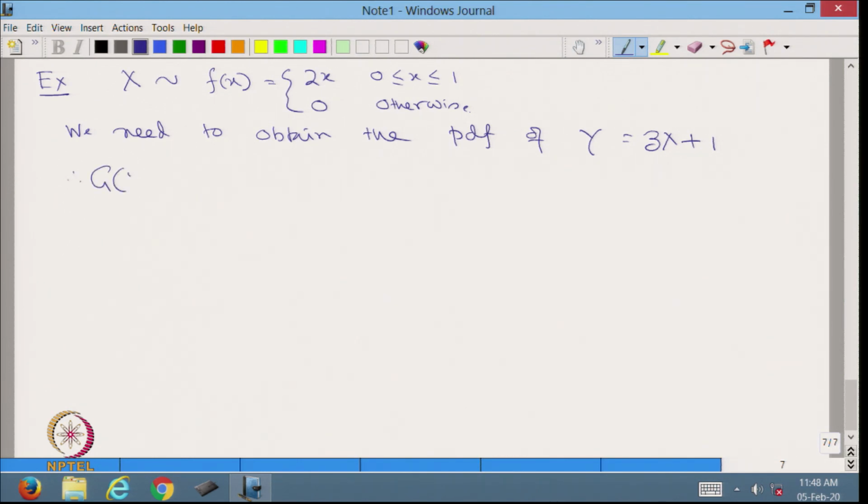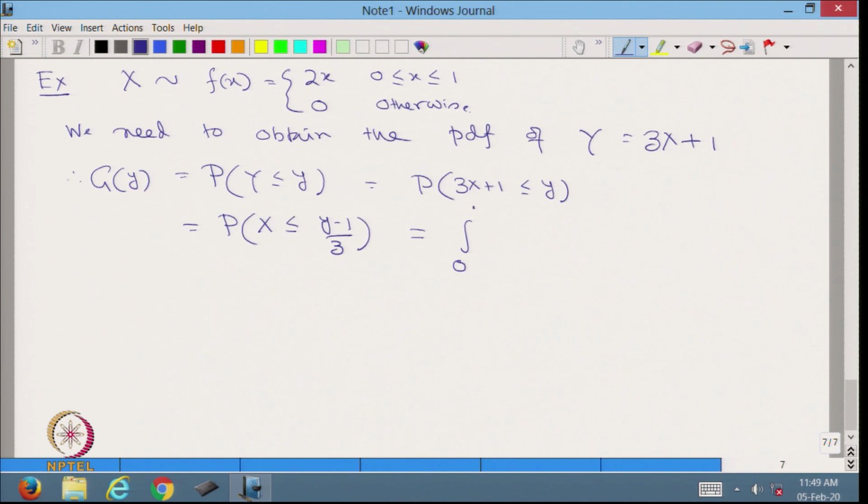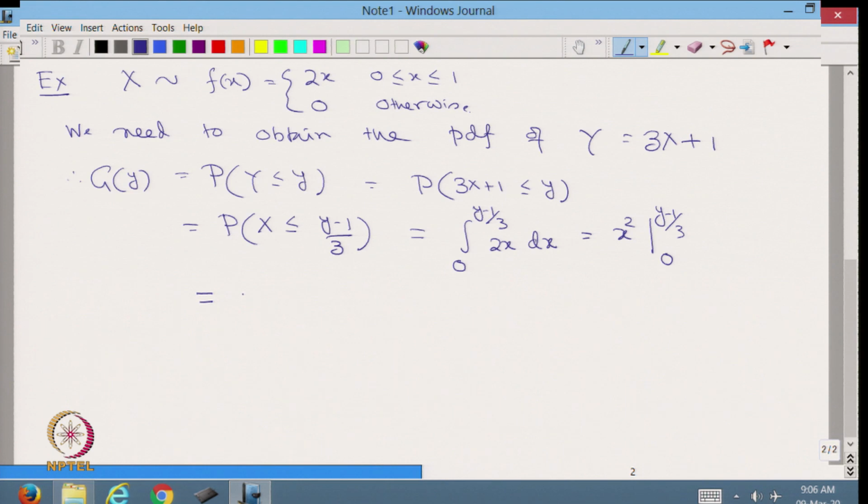Therefore, G of y is equal to probability Y less than equal to small y is equal to probability 3x plus 1 less than equal to y is equal to probability x less than equal to (y minus 1) upon 3 is equal to integration 0 to (y minus 1) by 3 of 2x dx is equal to x square from 0 to (y minus 1) upon 3, which is (y minus 1) upon 3 whole square.